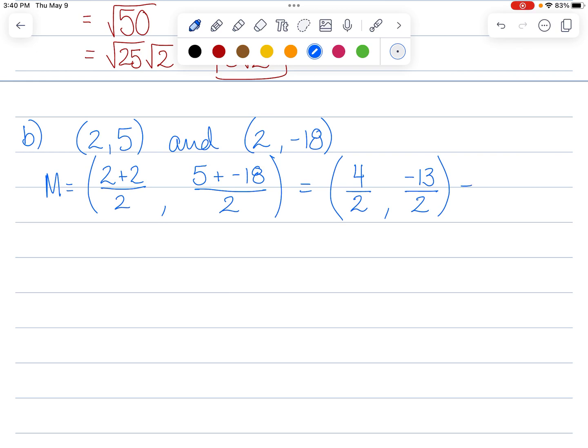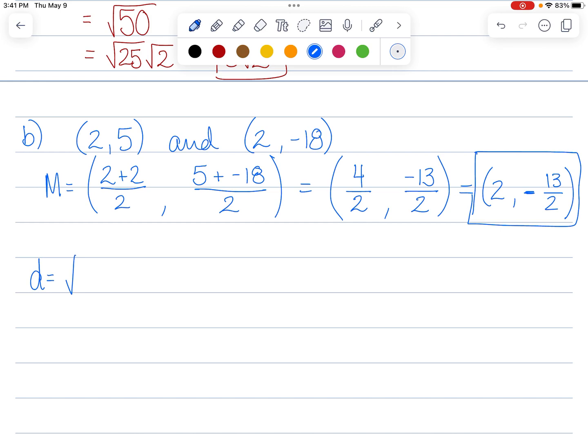I simplify what I can. 4 divided by 2 is 2. -13 halves does not simplify. And this should make sense if you're thinking about it as averaging the points. If you're averaging the x's and averaging the y's, the average between 2 and 2 is 2. The average between 5 and -18 is -6.5 or -13 halves.